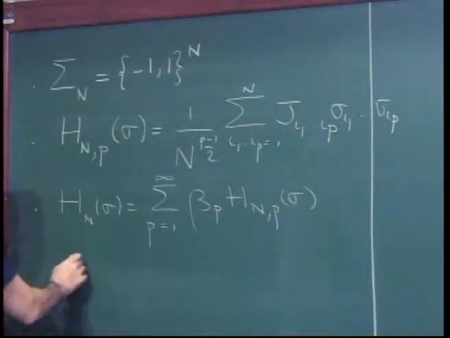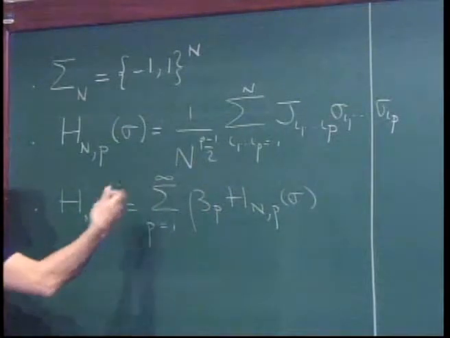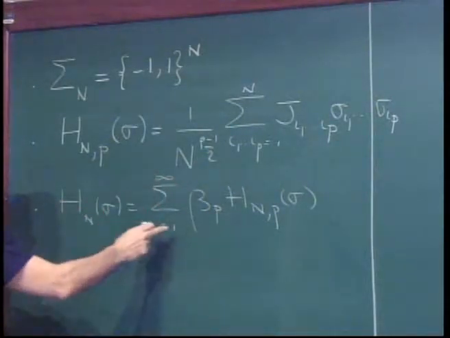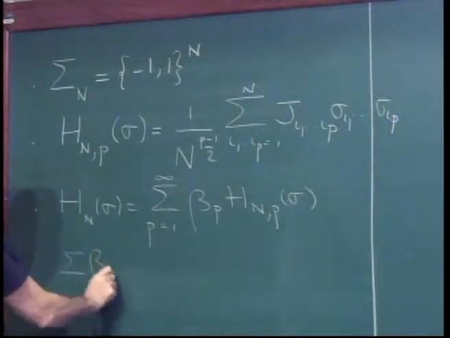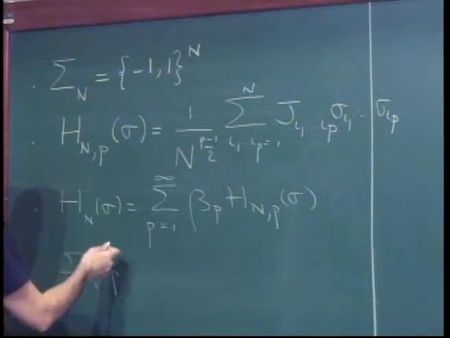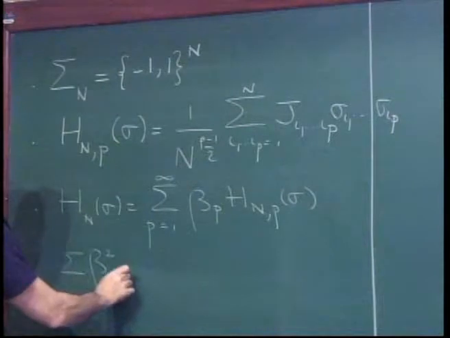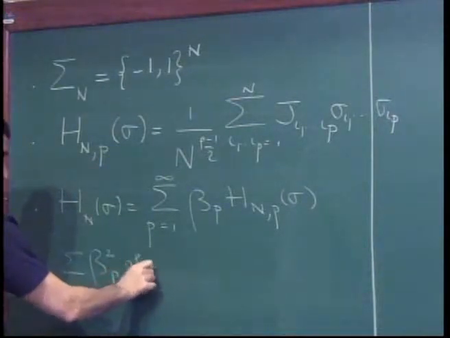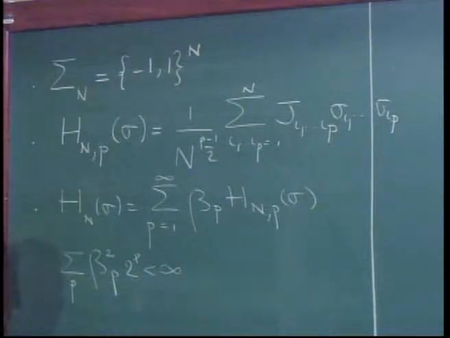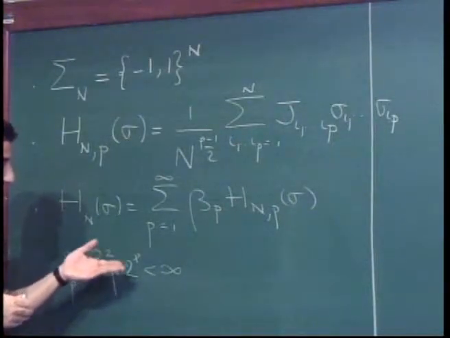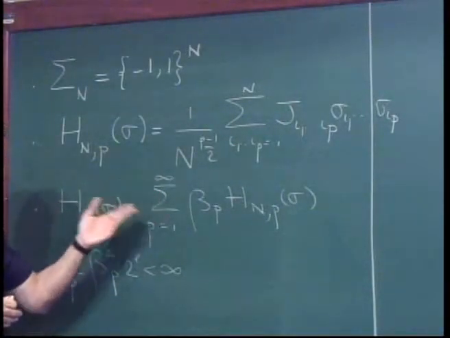And here we assume that this series converges uniformly if it is infinite. So typically you assume that the beta_p's go to 0 fast, but you may as well think of it as a finite sum.